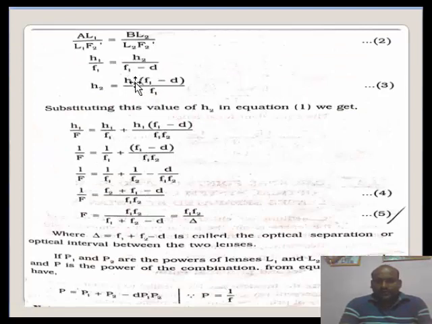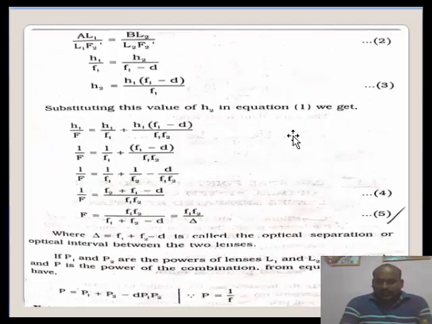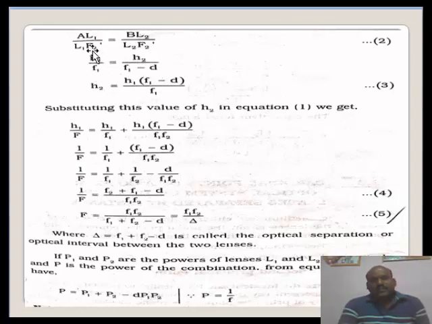Total F1 minus the distance D gives the length. By cross multiplication, H2 is equal to H1 into F1 minus D divided by F1.